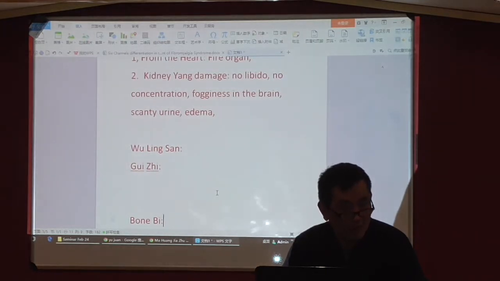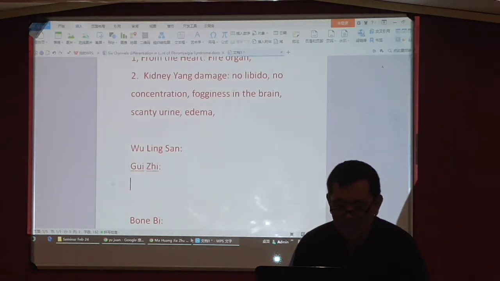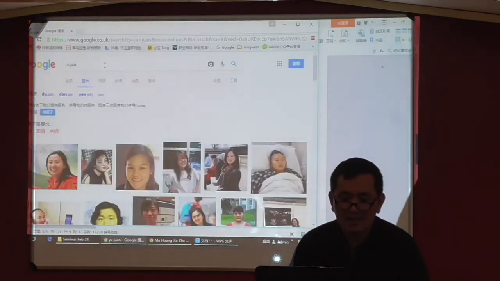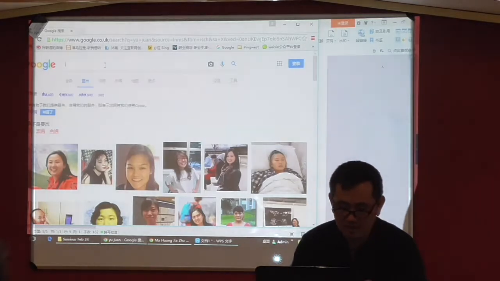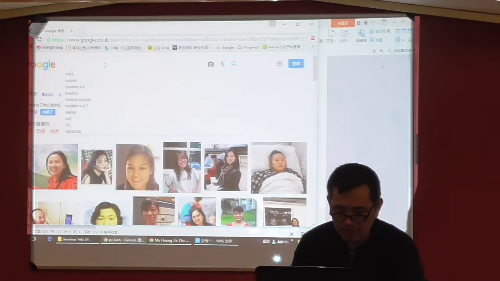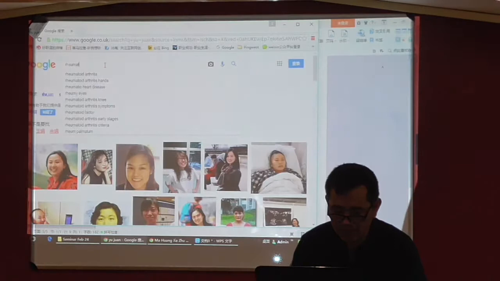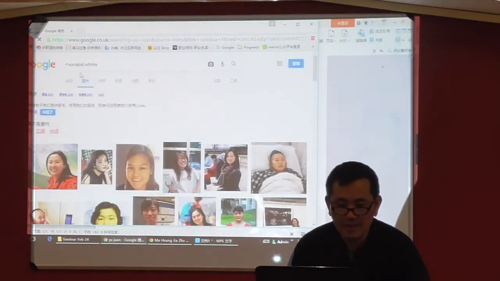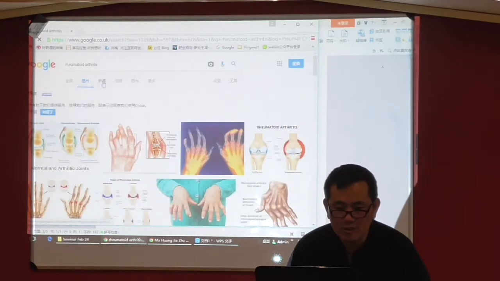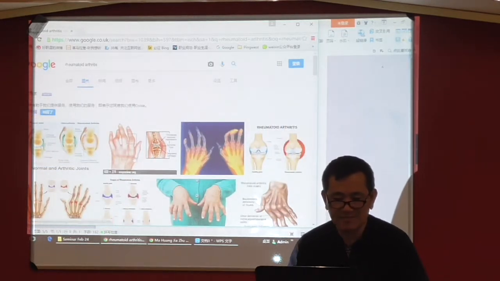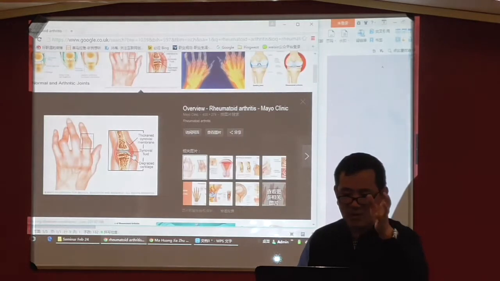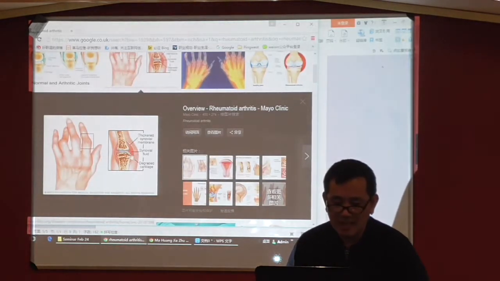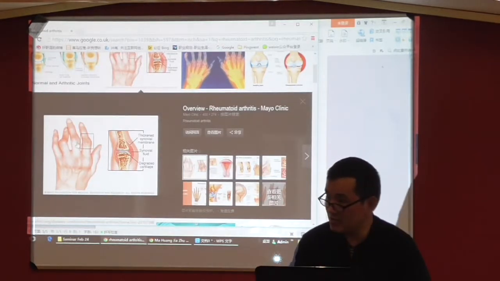Do you know rheumatoid arthritis? Okay, we look at here. It is not rheumatic, it is rheumatoid arthritis. Our colleague is a specialist in Western medicine, so the term is very familiar to him.